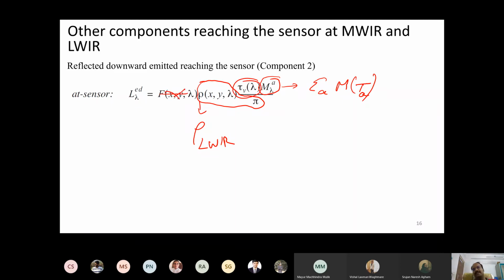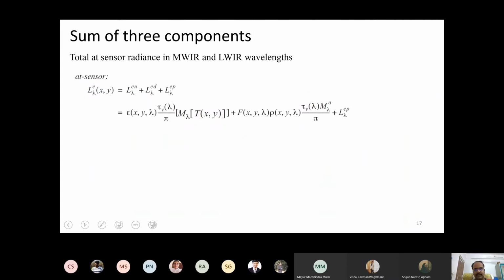Essentially, very similar to the first component, instead of using the Earth's emitted component, I am using an atmosphere emitted component. And here I am accounting for Earth surface reflectance also for path 2. Again, path 3 is path radiance. I am just using it as emitted radiance without elaborating on that.